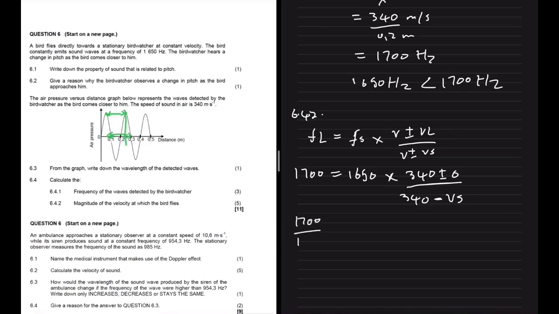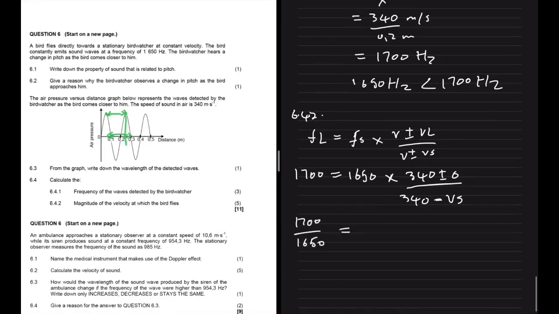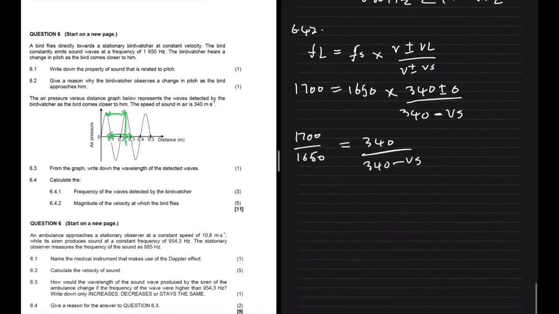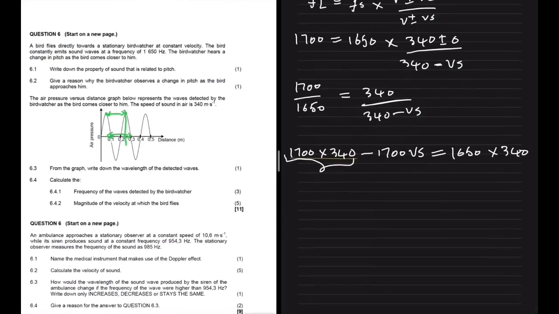We're going to have 1700 divided by 1650 equals, on the right hand side they're going to cancel out, so we're just left with 340 plus or minus 0, which will just give us 340 divided by 340 minus VS. Now I'm going to cross multiply, so I'm going to have 1700 multiplied by 340 minus 1700 multiplied by VS, which equals 1650 multiplied by 340.